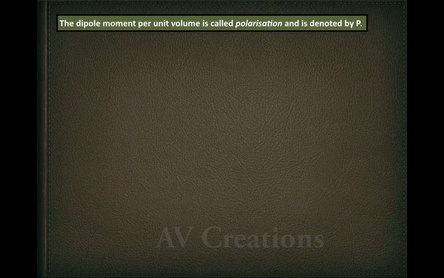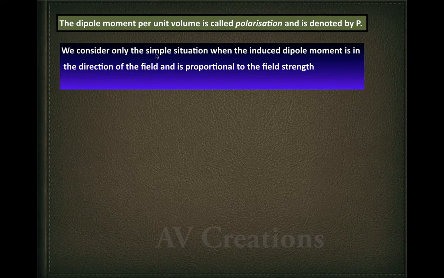Now the dipole moment per unit volume is called polarization and is denoted by P. We consider only the simple situation when the induced dipole moment is in the direction of the field and is proportional to the field strength. It is called an induced dipole moment because of the external electric field there is a dipole moment.